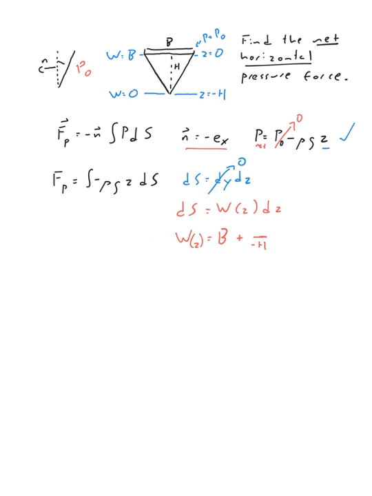So let's put negative bz over h. All right, so checking real quick, z is 0, we get b. z is negative h, we get 0. Perfect. It's going to simplify to b times 1 plus z over h. Beautiful. So now we have an expression for w as a function of z, which means we also have an expression for dS.